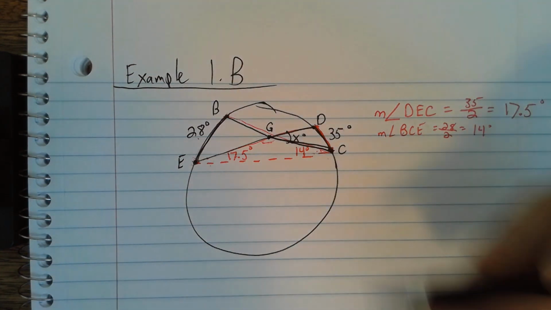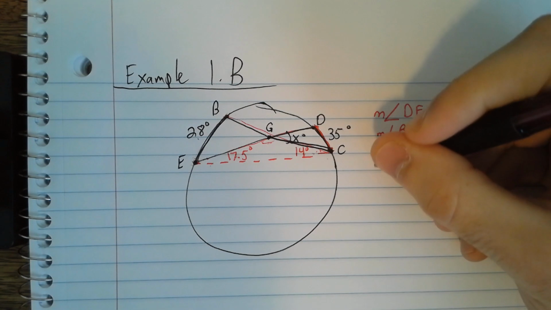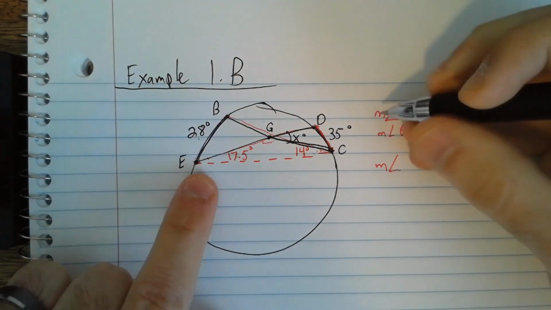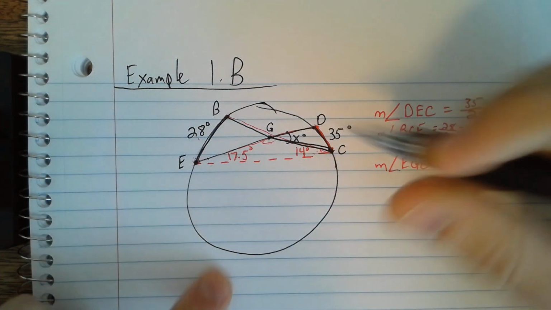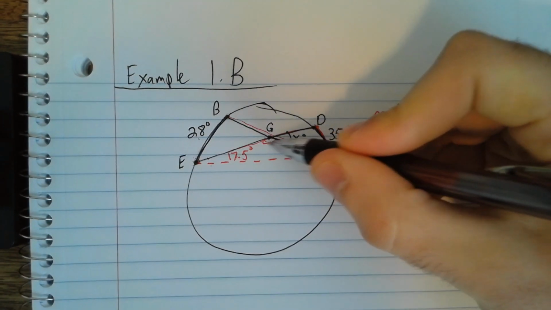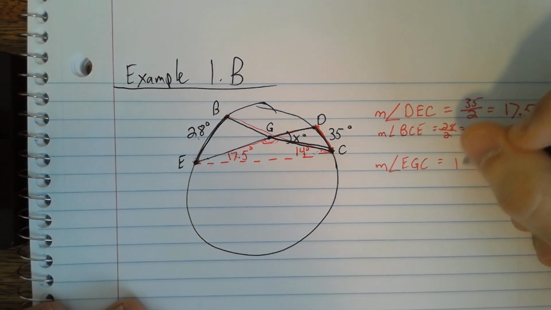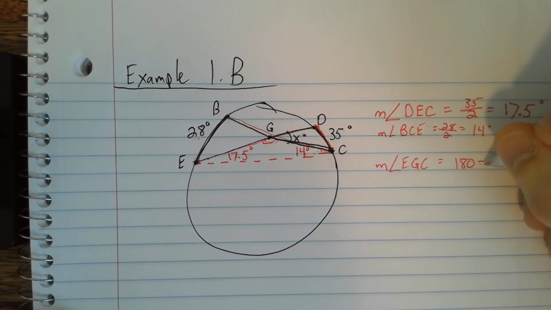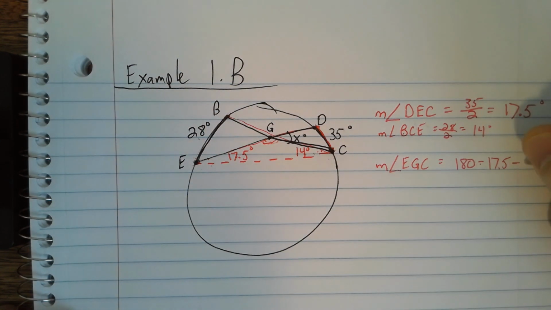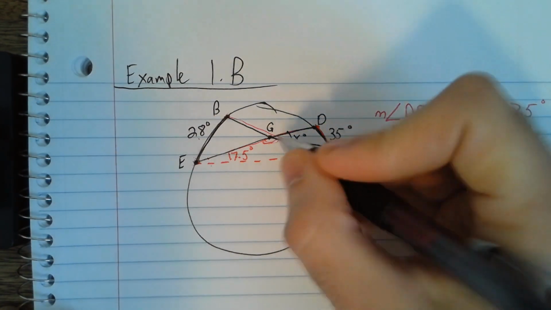So to complete the triangle, the measure of angle EGC, this guy right here, is going to be 180, and it's 180 because the three angles inside of a triangle add up to equal 180. So 180 minus 17.5 minus 14, and that's going to leave us with whatever's left over, which is this angle right there.